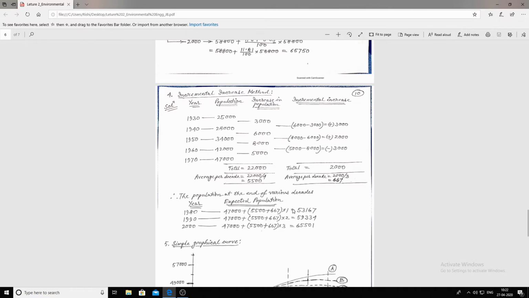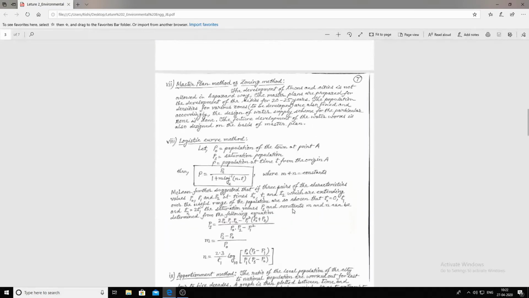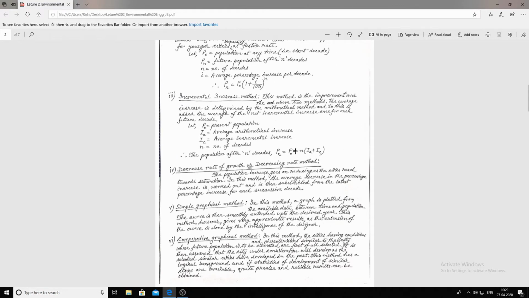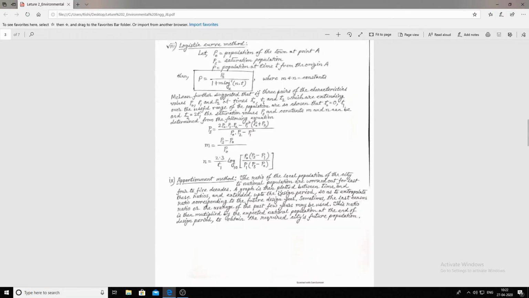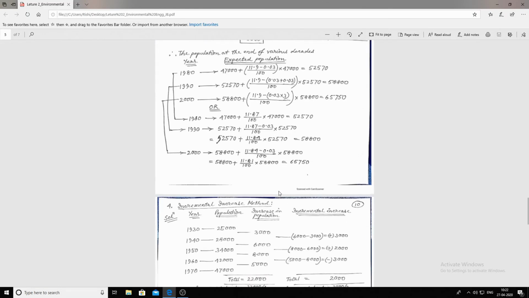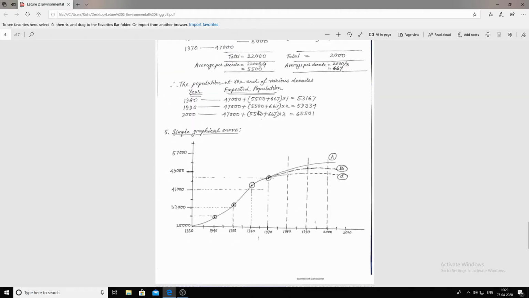If you go back to the formula, you can see Pn is equal to P0 plus n into IA plus IC. IA is the average arithmetical increase and IC is the average incremental increase. I have already given this formula in the last session. In this way we can calculate the expected population at the end of each year.